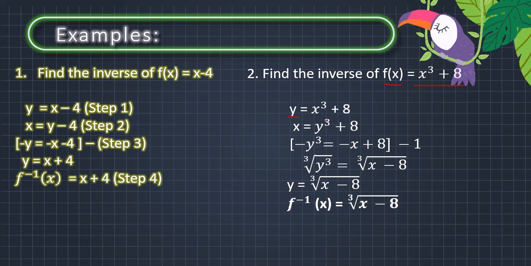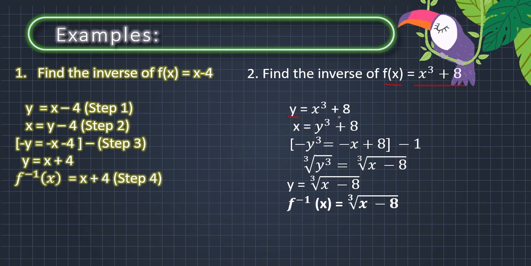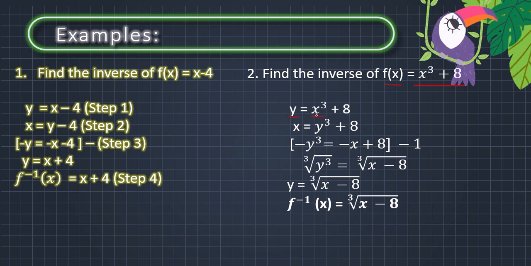And for the second step, just the way we did on the first example, we are going to interchange the position of x and y. So x will be seen here and y will be seen on that position. So they will just interchange with one another.